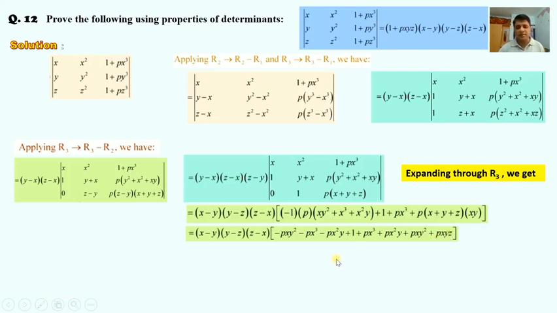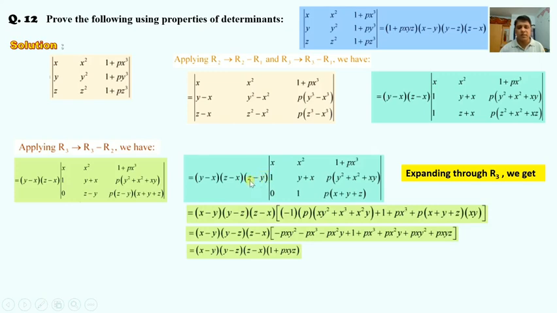So we write in next step, x minus y, y minus z, z minus x into 1 plus pxyz. Here one thing you should know, alternatively we have changed x minus y into y minus z.